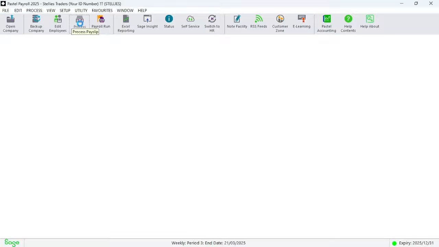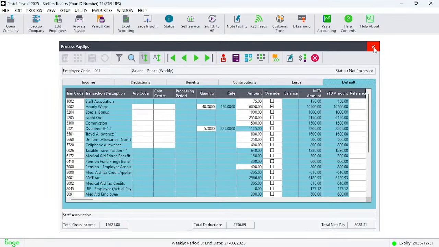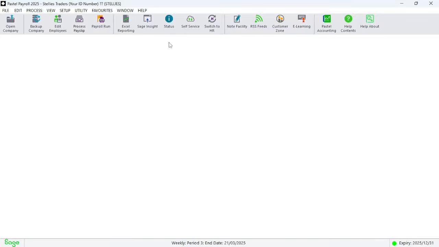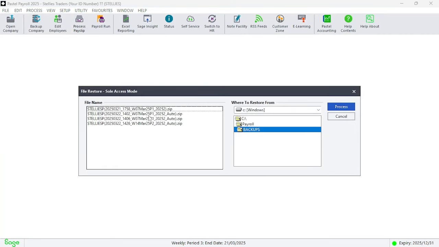But for this particular clip, it's been long, so we now need to come to the end of it. But just in passing, if you want to restore, you just go to File, Restore. These are all the backups. The last one that we've just done is period 2. Good news is it states here P1, P2, so you can go ahead and restore the period that you wish to.